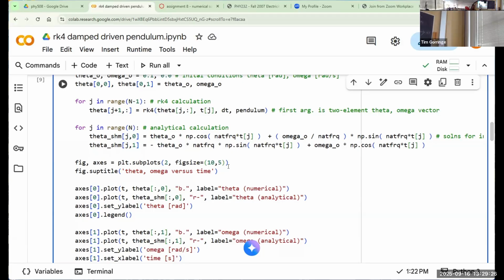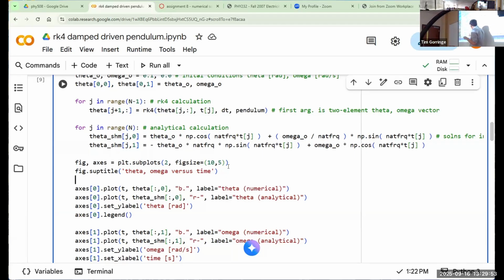One of them is the variable theta. I'm slicing out with this 0 here the theta for all times. This is sort of the reverse of the use of the colon that I was discussing before. This colon for the first index is selecting out all times, but just for the 0th element of the second index.